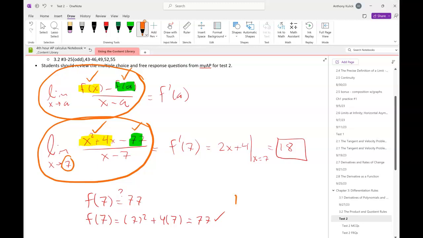I checked that down here, and it was. So the answer to this limit is just the derivative of x squared plus 4 with 7 plugged in, because that's the derivative definition. So that's how I did the limit: I just took the derivative of x squared plus 4 and then plugged in 7.